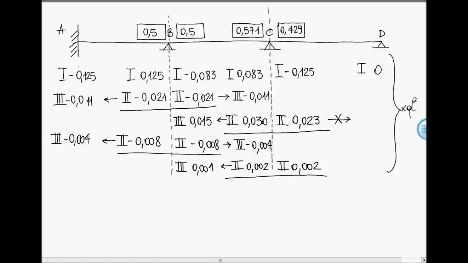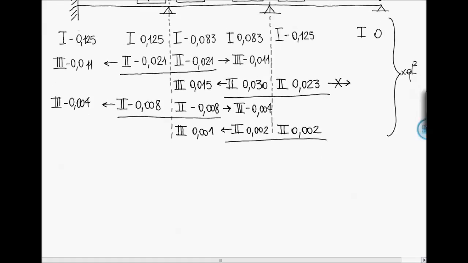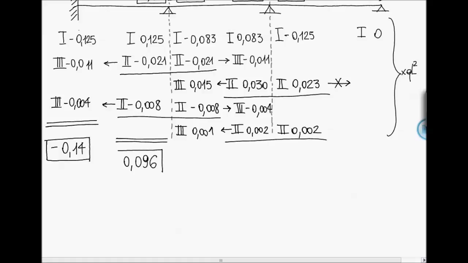Now we have to sum up all the contributions. So we obtain on node A a bending moment equal to minus 0.14. Of course, all these results have to be multiplied by QL squared. On node B on the left, we have 0.096 as the final bending moment coming from the sum of the contributions previously calculated.